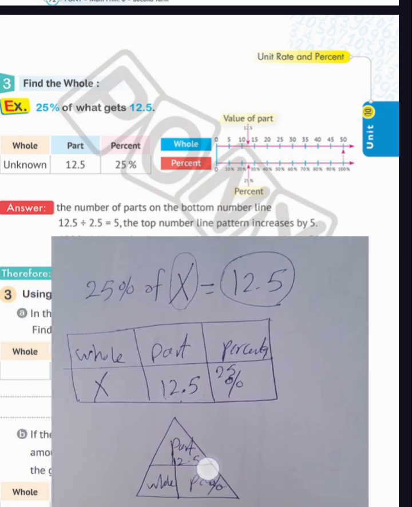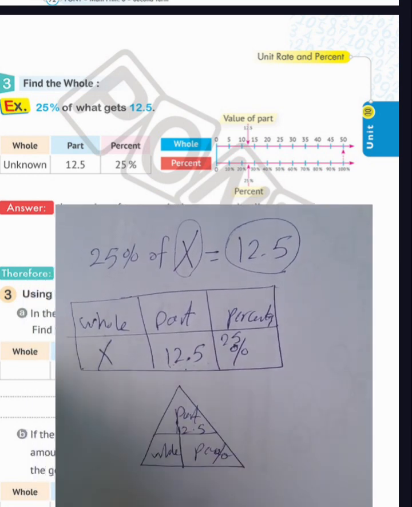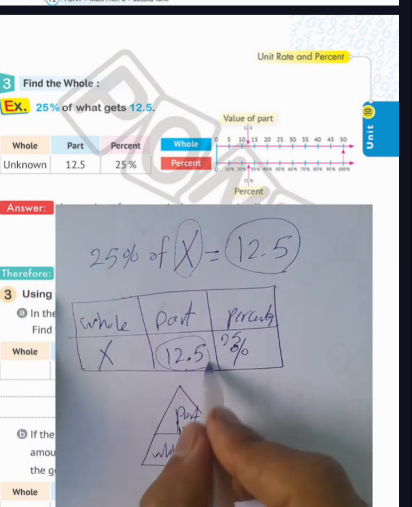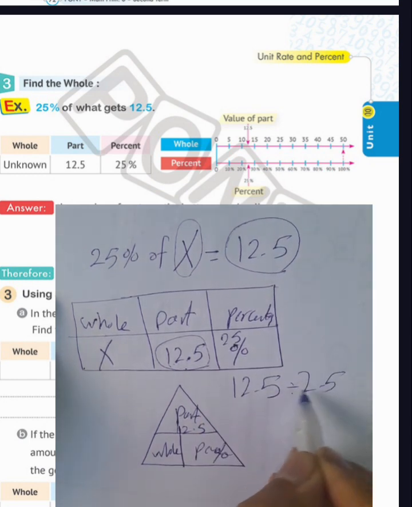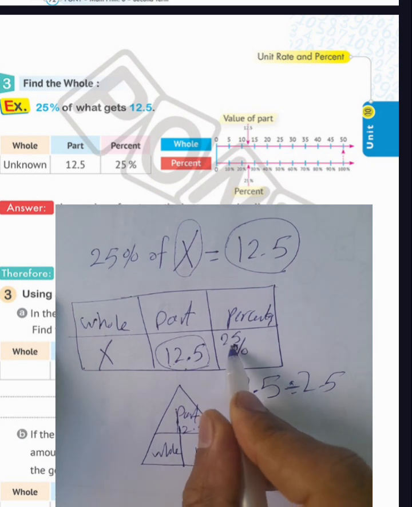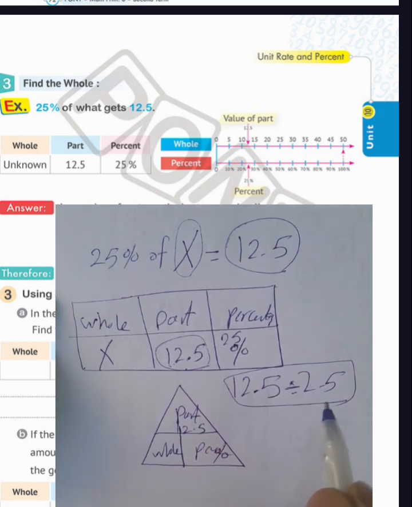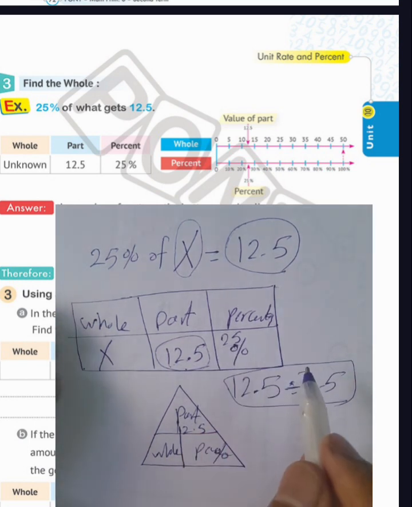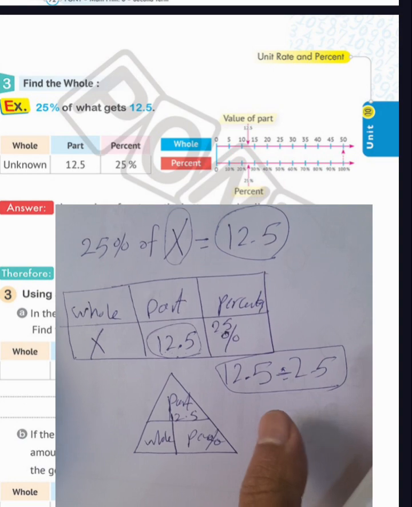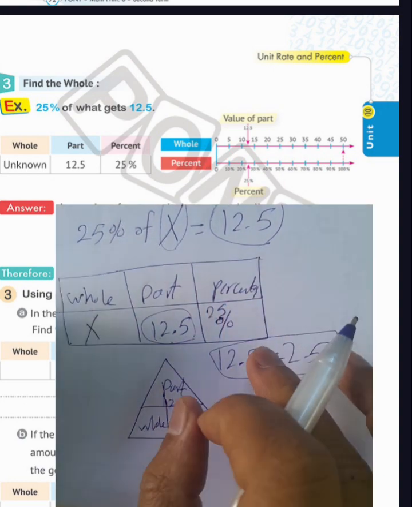Understood? If you use this example, you can find 12.5 divided by 2.5. This number divided by 10. Okay, such as that last question, I divided it by 10 or cancel 0 from this percentage. So in any percentage, you must cancel 0 or divide by 10 when you find the result.